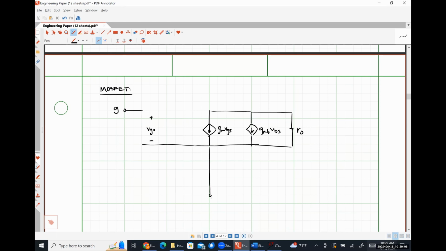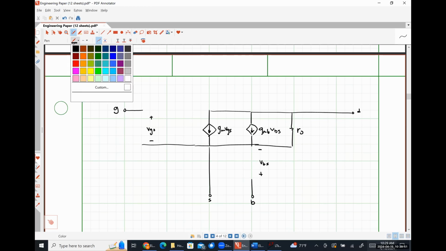I'm going to put my source terminal down here, send this on like so, and put my drain terminal over here. And here's my body terminal, like so. So this is what our model would look like without any frequency dependence when we are including body effects, which we have largely ignored at this point.